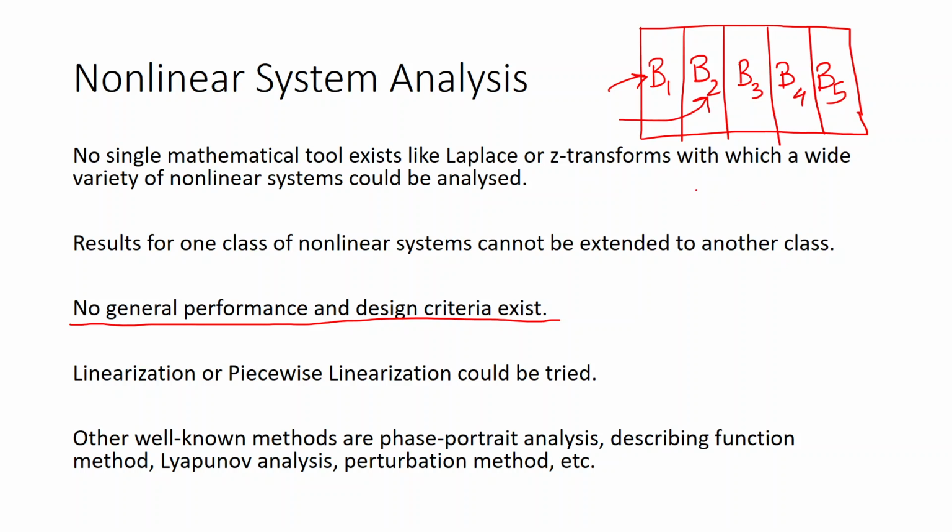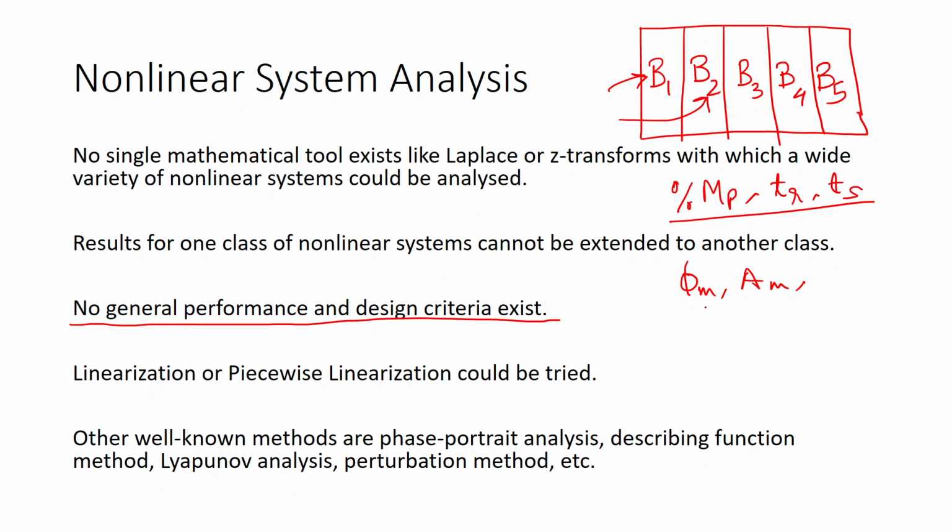Like performance criteria, we have this percentage MP and this TR, TS, so rising time, settling time. So we cannot actually define these things anymore for nonlinear system responses. And design criteria like your phi m, am, these things.